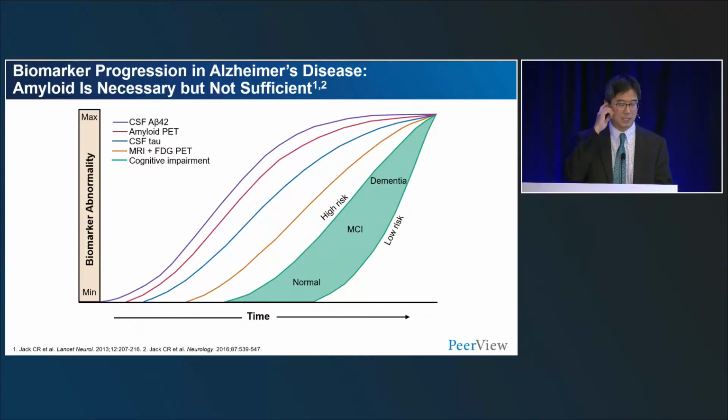It becomes positive so early, it can predate symptoms by a decade or more. So the fact that you have amyloid does not mean that you have Alzheimer's disease. It doesn't even mean that you would get Alzheimer's disease within your lifetime. But you need it to have the diagnosis of Alzheimer's disease. It is the characteristic proteinopathy.